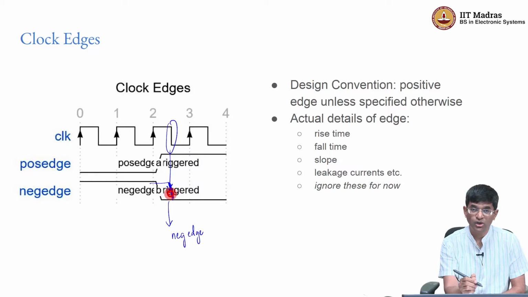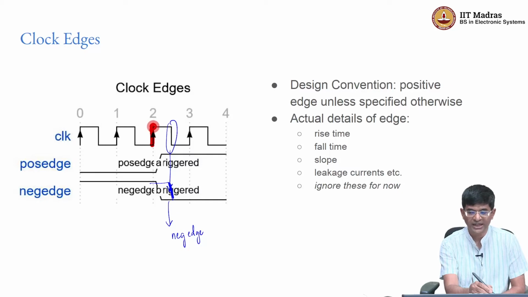This other one that I have drawn in blue actually corresponds to a transition on the negative edge, which is basically the falling edge of the clock signal. Now as I said, it's not just for these signals. In reality, even the clock itself is a real physical voltage somewhere on the circuit, which means that this sharp rise we have shown here is unrealistic.